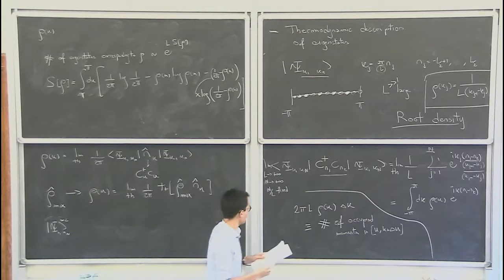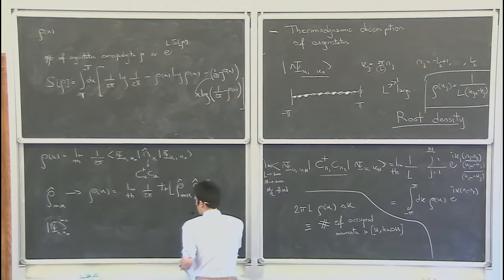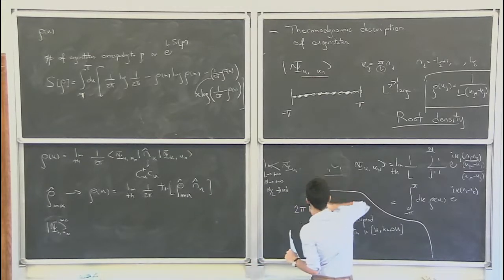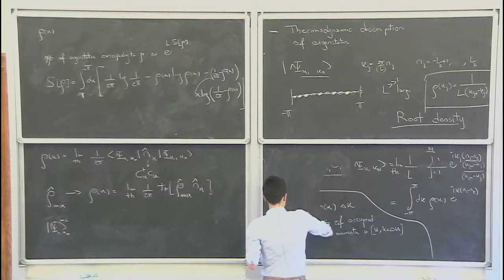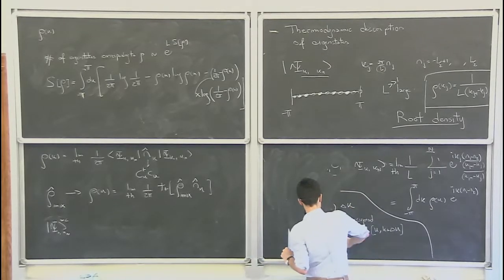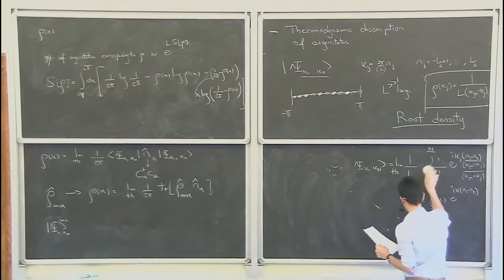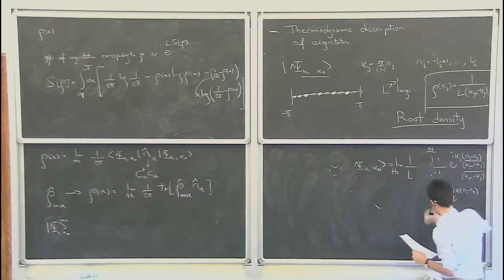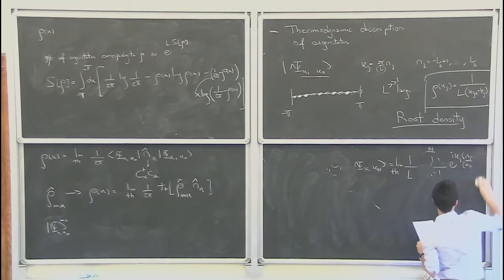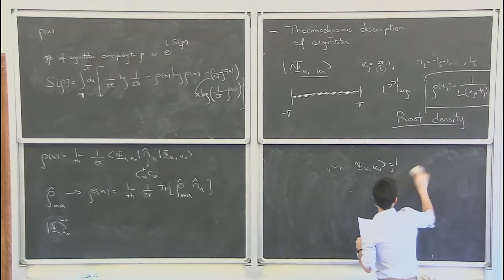We are almost done with this part. The only other important point I want to mention is that if you use this root density, you can compute expectation values. For example, you can compute any expectation values of local observables, and in particular, also those of charges and currents. Okay?